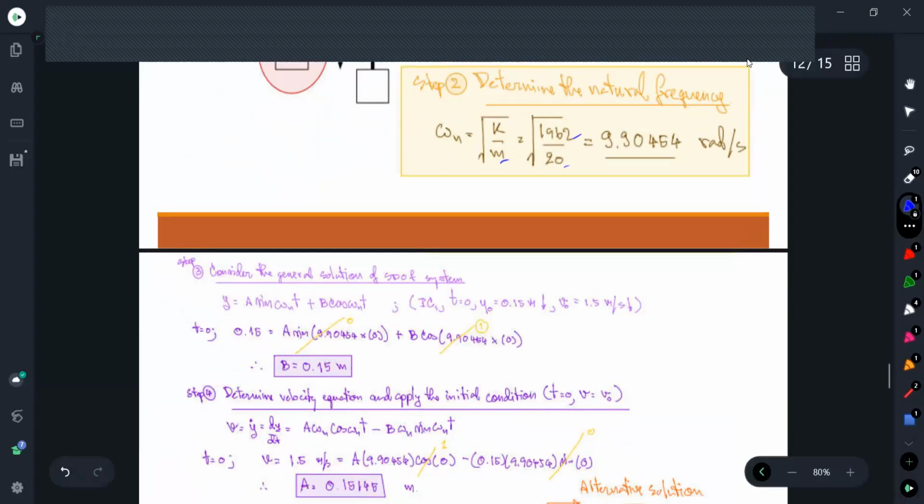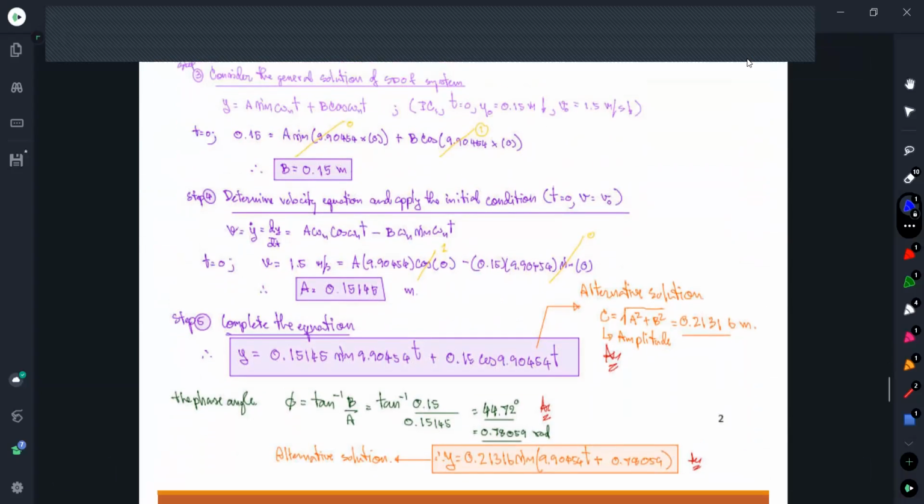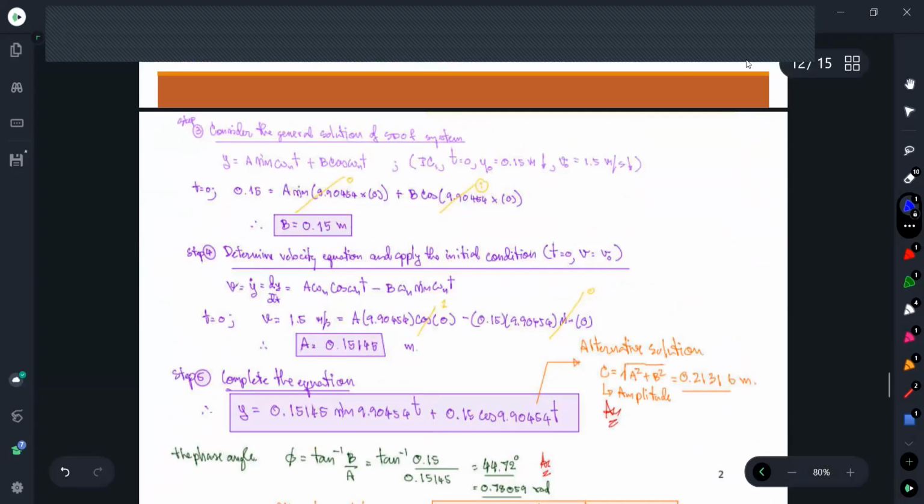If we would like to determine the solution of this problem, you can derive this equation. Actually, y is the solution of the differential equation, which is second order. For this case, this is m y double dot plus k y equal to 0.